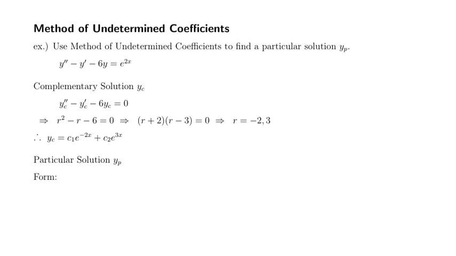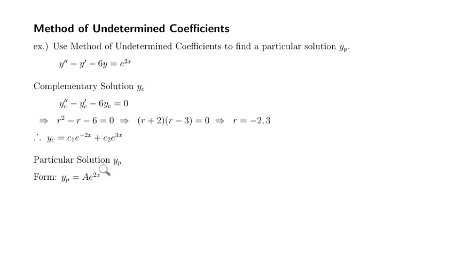So we can write the initial guess as y sub p equal to some constant a times e to the 2x, right? Then before we keep going, we have to make sure that there is no overlap between the particular solution and a complementary solution.